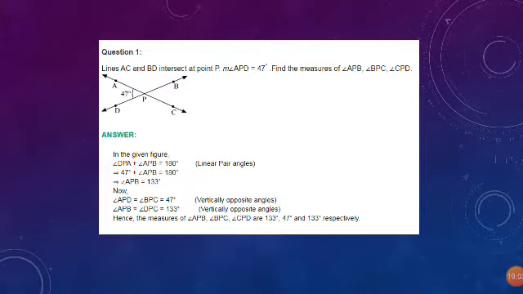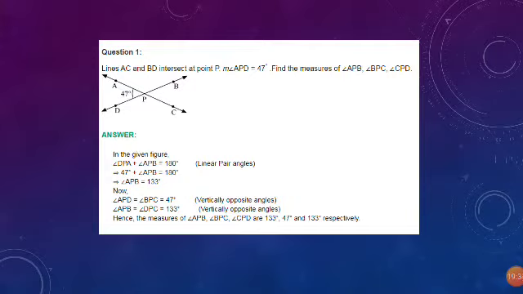And next, angle APD and angle BPC equal 47 degrees, as vertically opposite angles are equal. Angle DPA plus angle APB equals 180 degrees, a linear pair. DPA is 47 degrees, so 180 degrees minus 47 degrees gives angle APB equals 133 degrees.